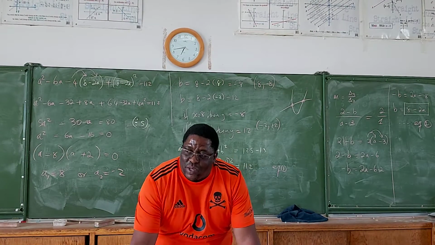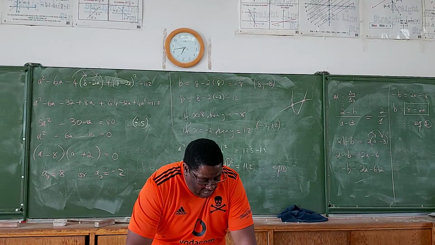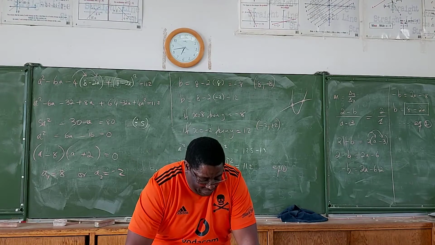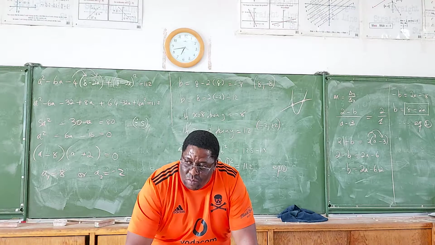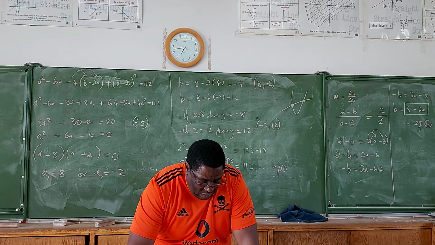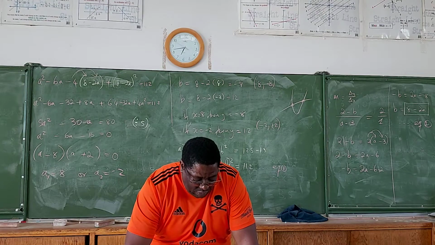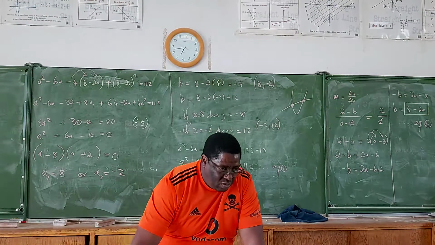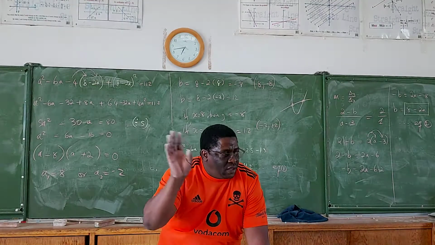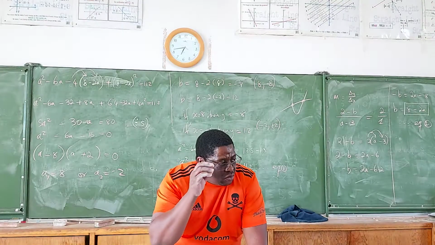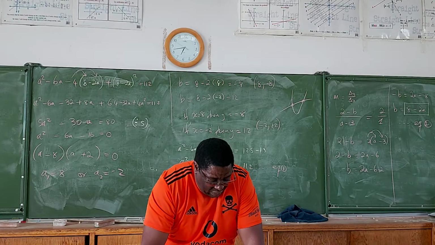I'll read that question so you can get an idea, right? They give you a point A, negative 1, 1, and point P, a, b. And the gradient of AP is 2. Good. So you take the 2 as delta y over delta x. Then if you take the 2 points you can calculate the gradient, the distance formula.